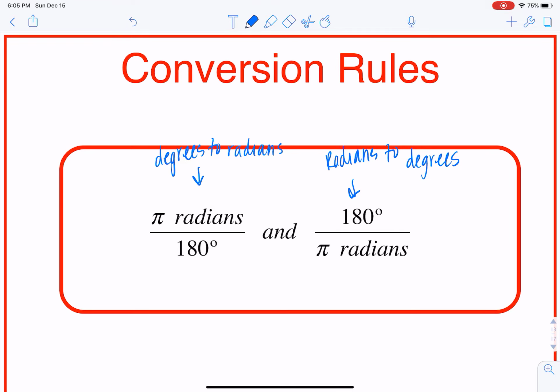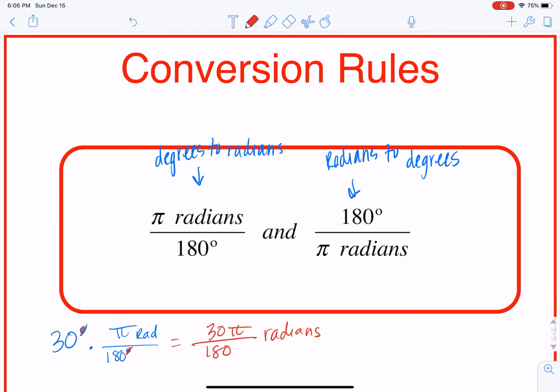So for example, if I had 30 degrees and I wanted to convert to radians, I could multiply 30 degrees by pi radians over 180 degrees. My degrees will simplify out with each other, and I'm left with 30 pi over 180 radians.